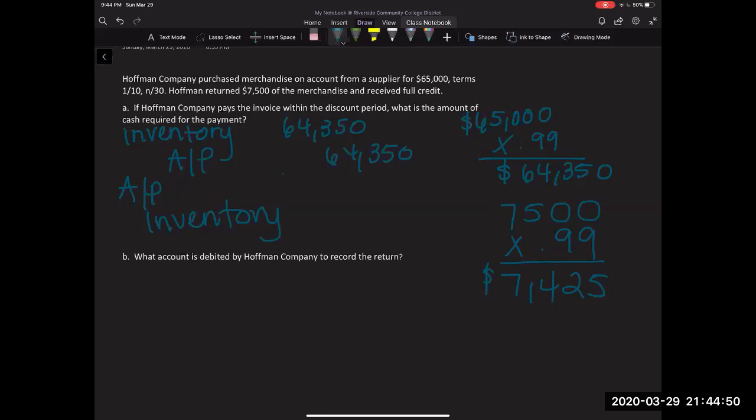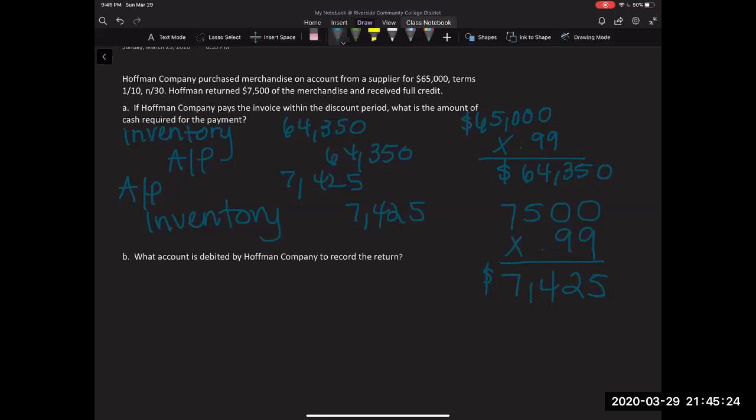So I'm going to do a debit to accounts payable of $7,425, and my credit is going to be $7,425 to inventory. Now my accounts payable is being debited because I'm returning it. I no longer owe that. That IOU is no longer outstanding because I'm returning it. It's no longer mine. So I'm only going to pay for what I kept, right? So that's what my journal entry looks like.